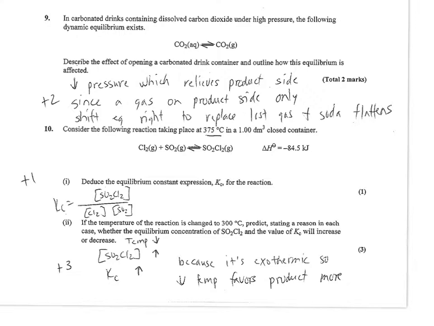So the temperature decrease is going to cause an increase in the concentration of the product because it's exothermic. So decreased temperature favors the product or acts as if you've removed a product. And then when you increase the product, you can expect to see an increase in Kc as the result of temperature change.